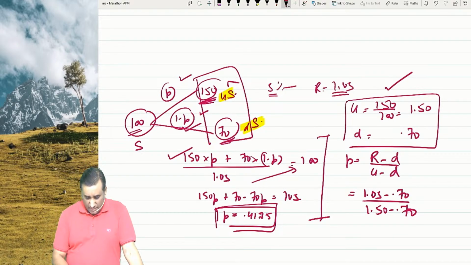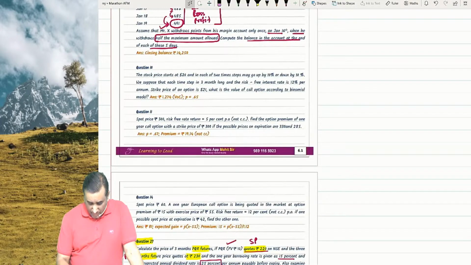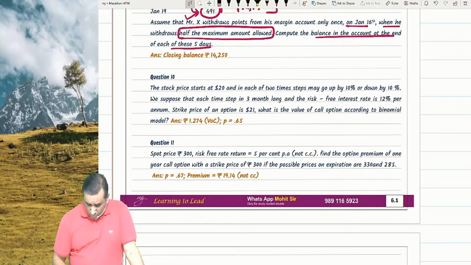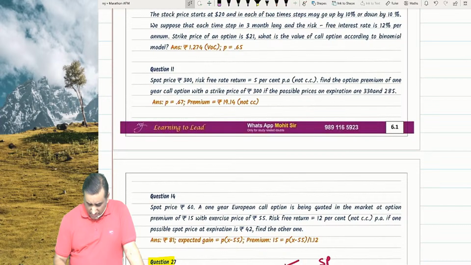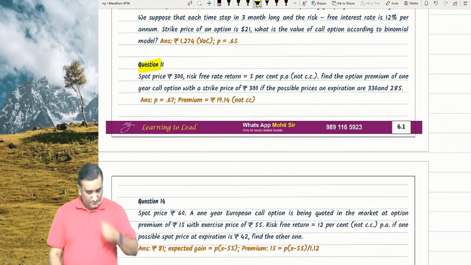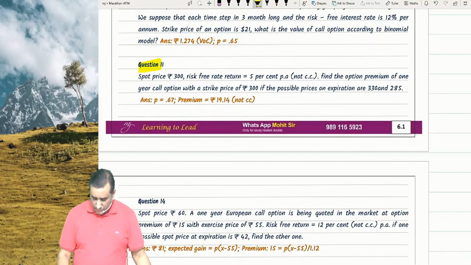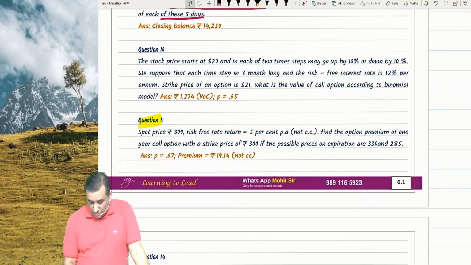Let me pick up the questions one by one and then we move to one example in which I'll modify something. This is a 2 time step. Let us look at question number 11. It says price 300, risk free rate 5% per annum, non CC.